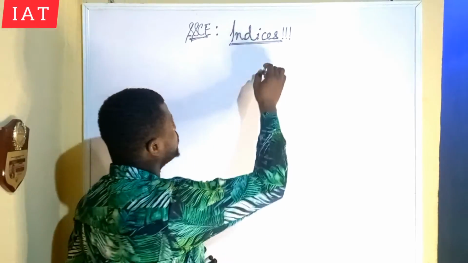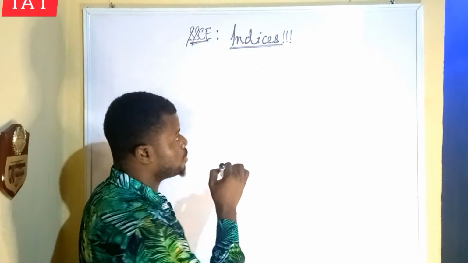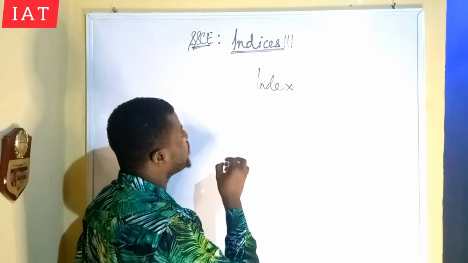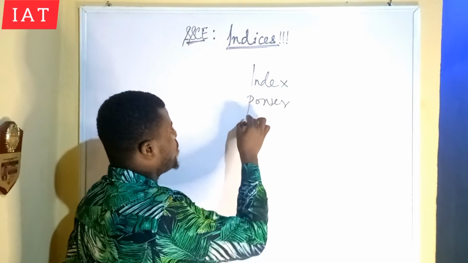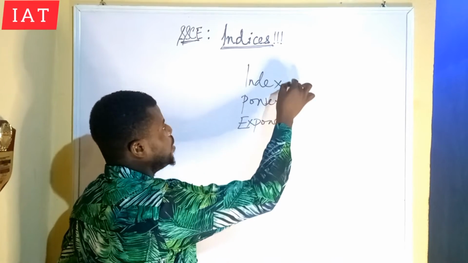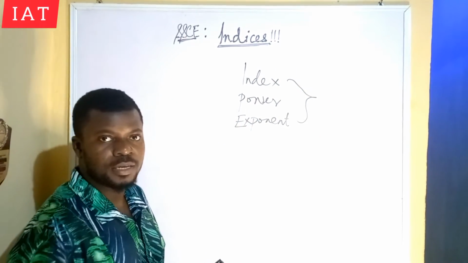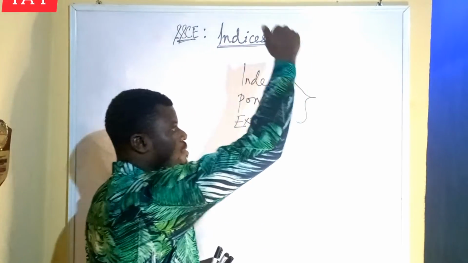But before we dive deep, we want to know what the term indices is all about. We have what we call index, and we still have what we call power. We have what we call the exponent. All these things have similar meaning. Index is talking about something that is raised.